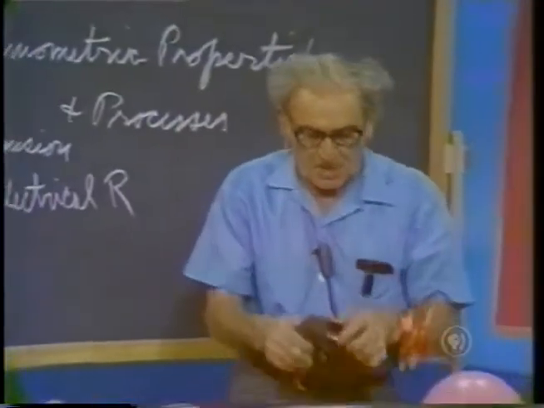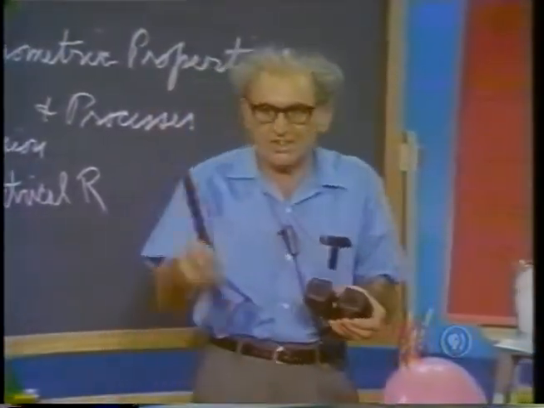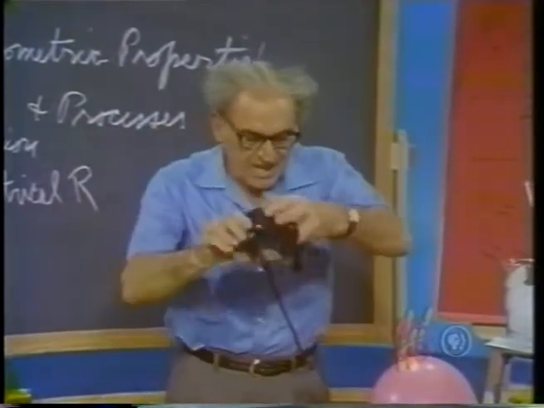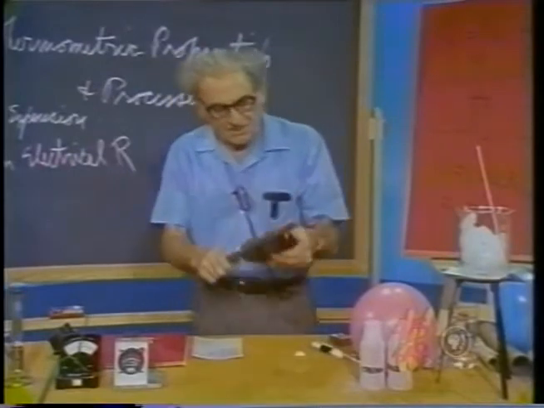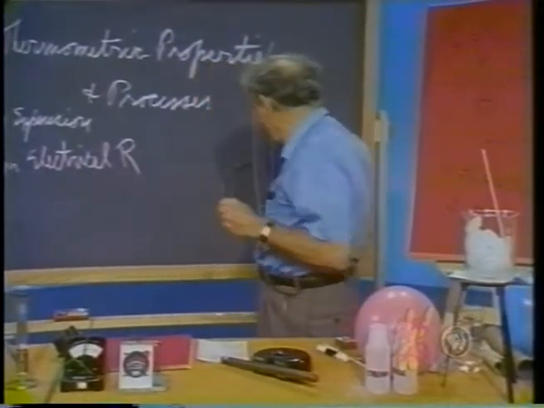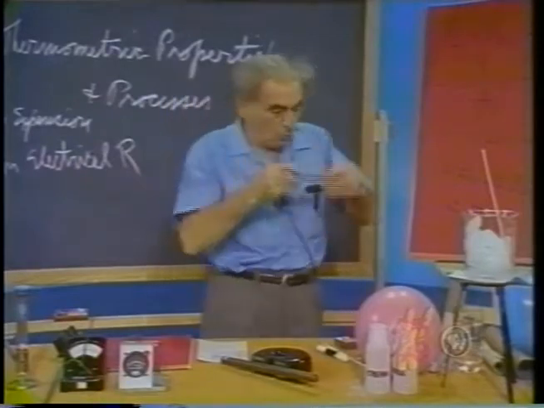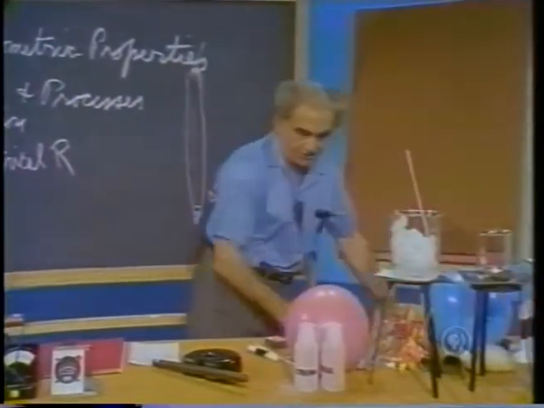Another thermometric property. Here is a very strong magnet, and here is an iron bar, and obviously, the bar is pulled onto the magnet by magnetic forces. Now, what would I do? This has to be a virtual demonstration.